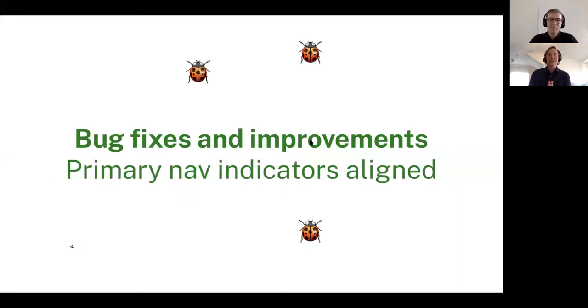The primary nav indicators are now aligned. It's kind of a small one, but one of those nice ones that's good to get through just for the feeling of satisfaction you get from solving a teeny tiny problem. There was kind of an issue with the way the little blue bars underneath nav items in the primary nav appeared, where they were just a couple pixels off, depending on whether that nav item had a submenu or not, or also the current page indicator.